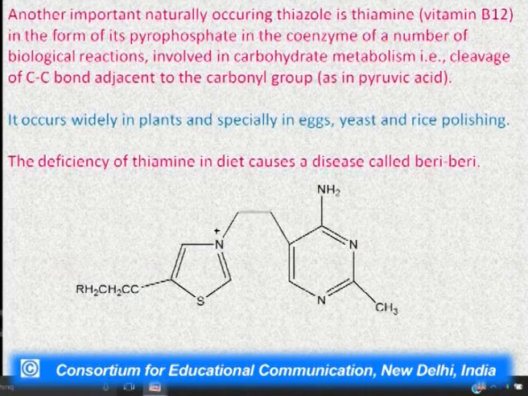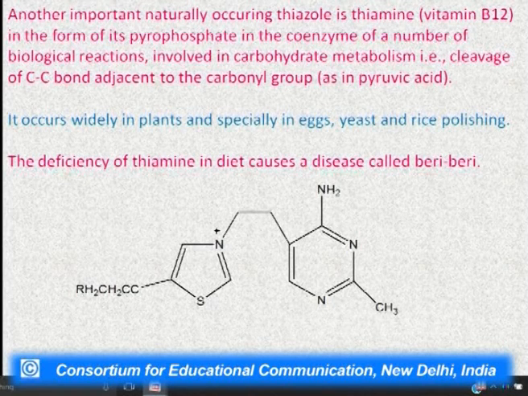Then another important naturally occurring thiazole is thiamine, a vitamin, which in the form of its pyrophosphate is the coenzyme of a number of biological reactions involved in carbohydrate metabolism, that is cleavage of the carbon-carbon bond adjacent to the carbonyl group, as in the case of pyruvic acid.